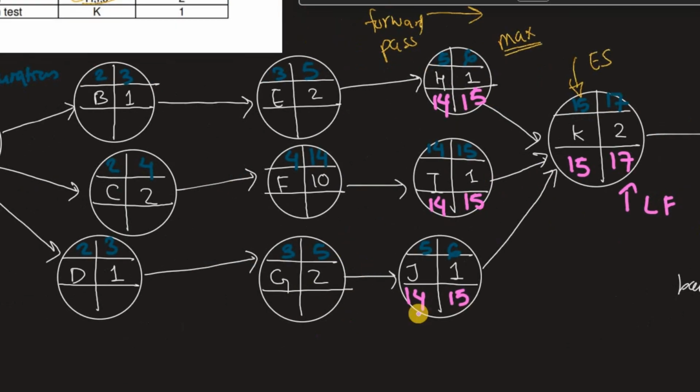Again you choose the latest start of this one as the latest finish. So 14, and then 14 minus 10, 4, 14 minus 2, 12, and again 12, 4, 12, and then 11, 2, 11.